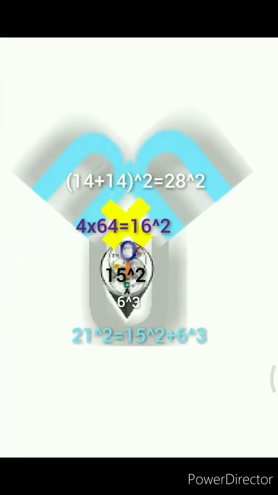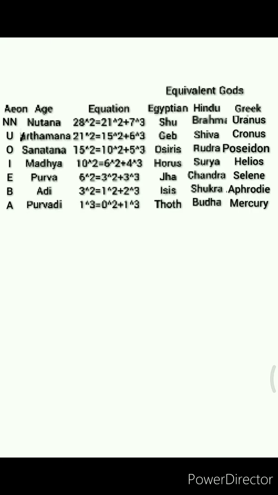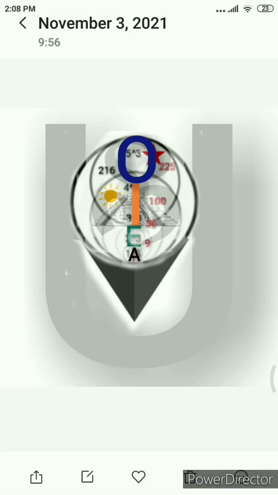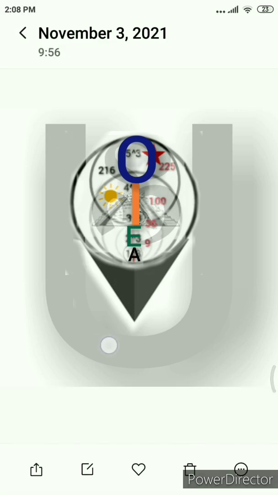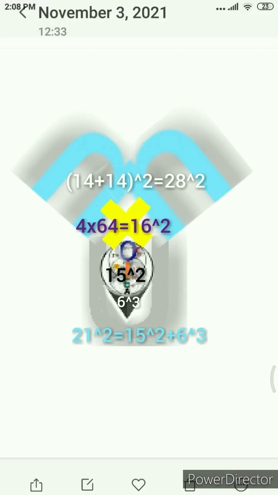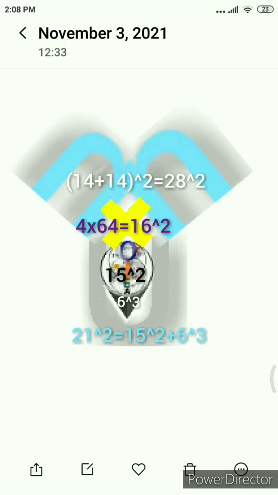That's all I wanted to explain today. I hope you understood the concept. So let us once again look: B is missing. B is nothing but the crust, Earth's crust. So A, E, I, O are inside U. That is why the color of U is gray.